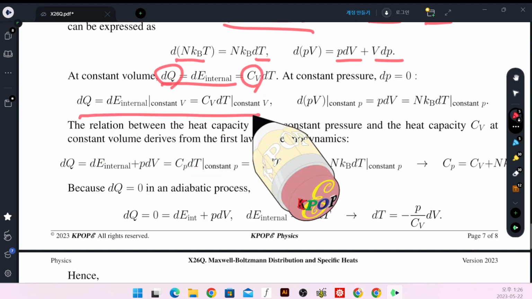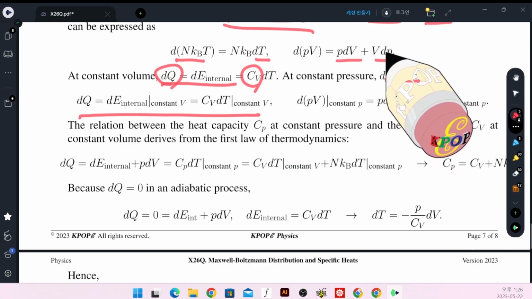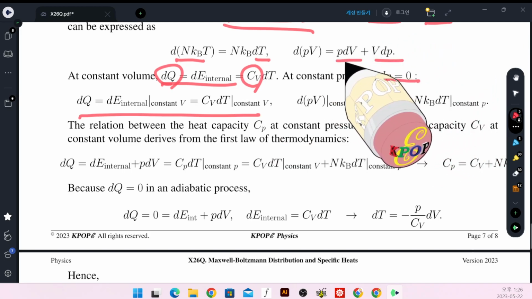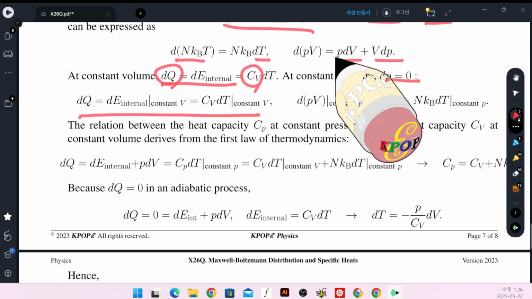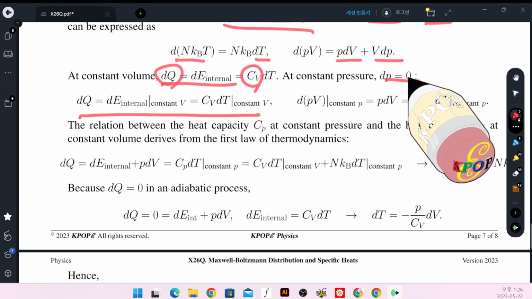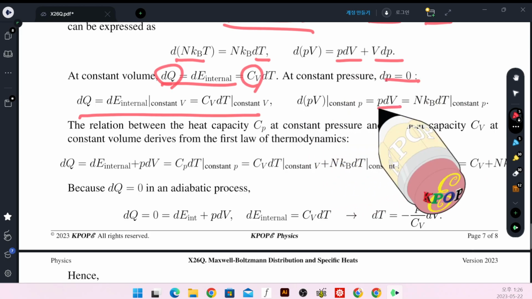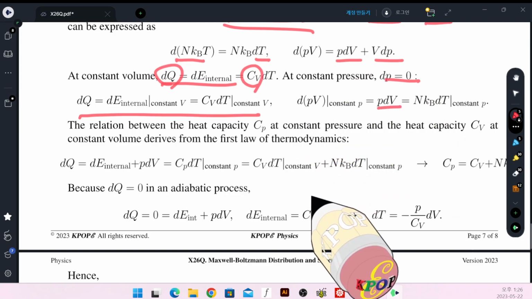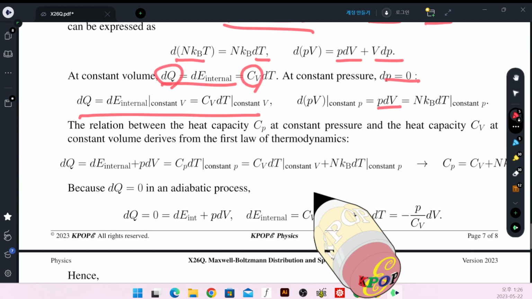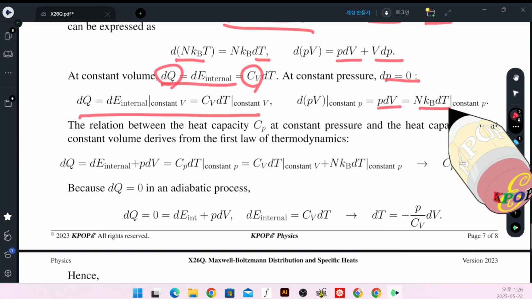So this relation works. At constant pressure, the dP equals 0. So this one vanishes and only PdV survives. And at constant temperature, the differential of PV is identical to PdV. And then that is identical to the temperature change at constant temperature.